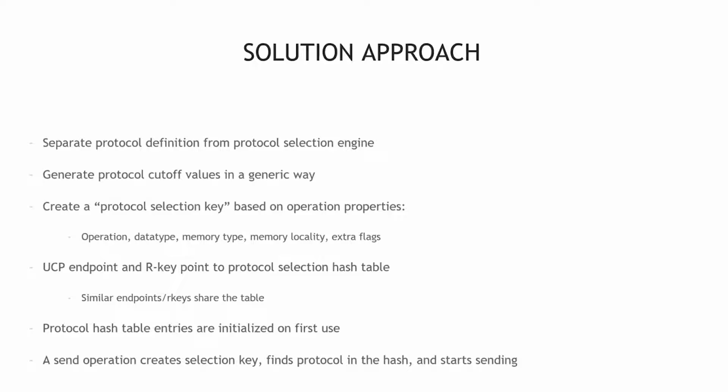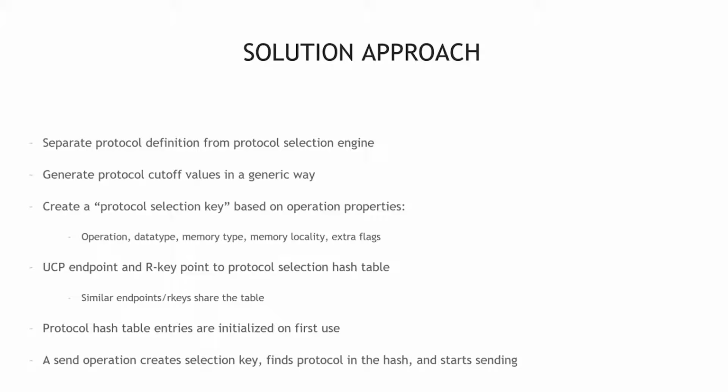So the first thing that we can do is we create a protocol selection key, which is based on properties of the current operation. So it's the actual operation code like tag send or active message send and so on, the data type, the memory type, memory locality, and maybe some additional flags, like whether we want a fast completion or we only care about the latency to the remote side.